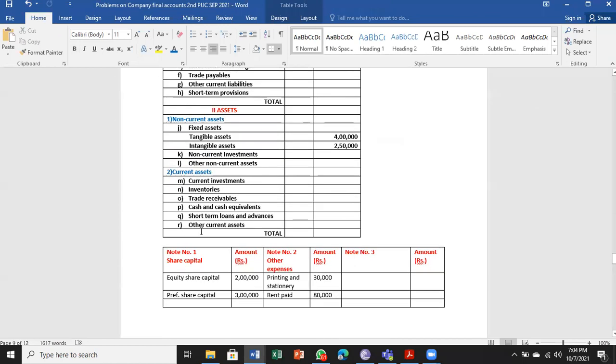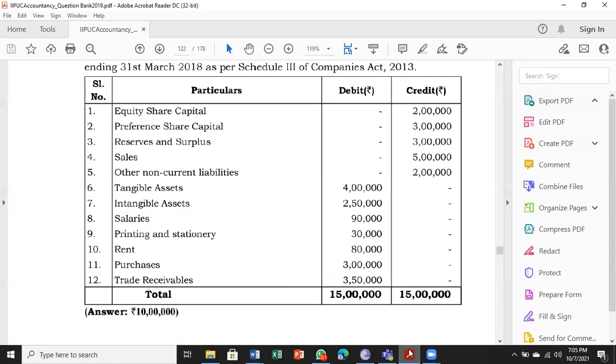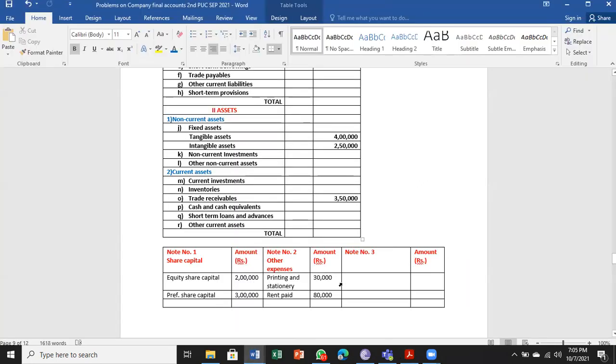So trade receivable here 3,50,000. So now we have taken all the items over here. Nothing to see in the problem. Only we have to solve the remaining working.